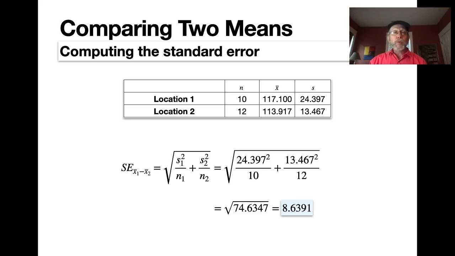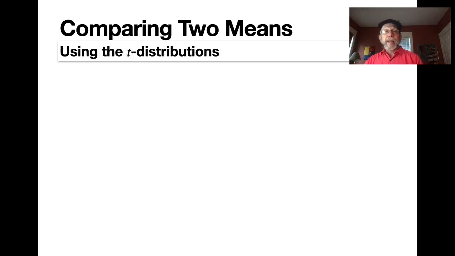So how are we going to use that? Well, because the population standard deviations are unknown, we're going to be using the t-distributions to do our calculations. And the t-distributions have, of course, the concept of the degrees of freedom that are appropriate. And here in a two-sample problem, there's a genuine complication.